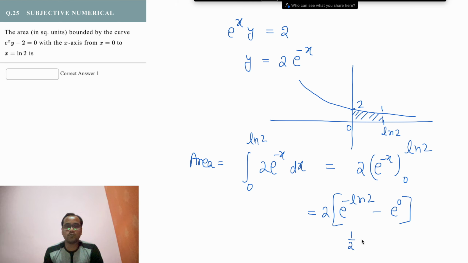So 1 by 2 minus e raised to the power 0 is 1, into 2. So that is coming out to be, let me see, is there any mistake? Yeah, integration of e raised to the power minus x will be e raised to the power minus x upon minus also. So minus will come here. So that is coming out to be plus 1. Minus 2 into minus 1 by 2, which is 1. So the answer for this question will be option, option is not there. It's a numerical type question. So the answer is 1 unit.